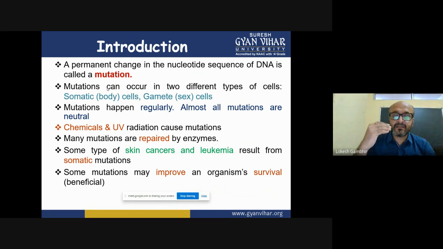Why? Because the coding gene is responsible for the expression of a protein, and that protein is involved in some function inside the cell. If the gene is mutated, it is not able to form a proper protein, and the function is impaired.